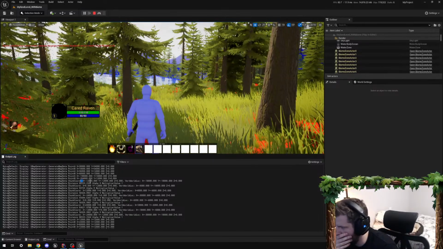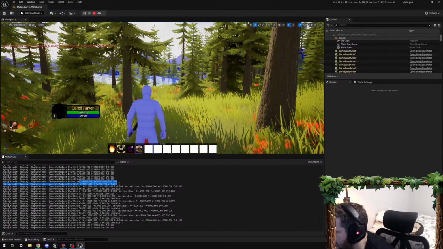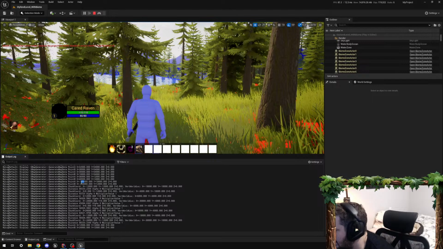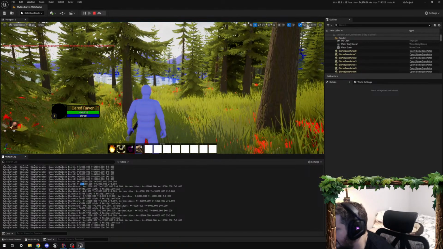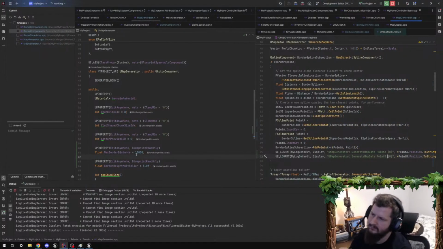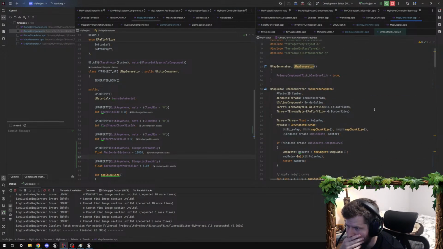Okay, chunk coord, negative 12,000, 12,000. Point A and B here are at negative 198,000 and 204,000. Okay, so that doesn't seem right.